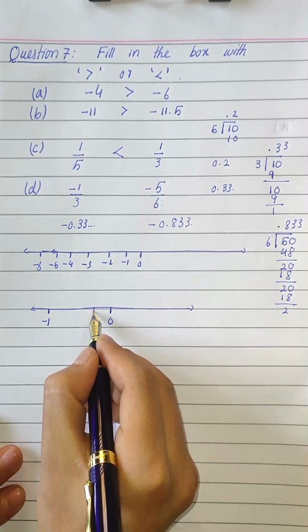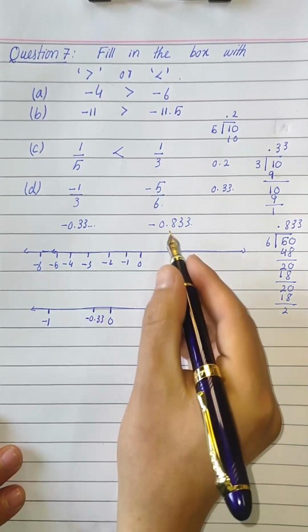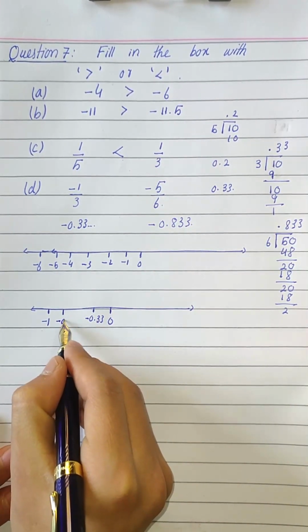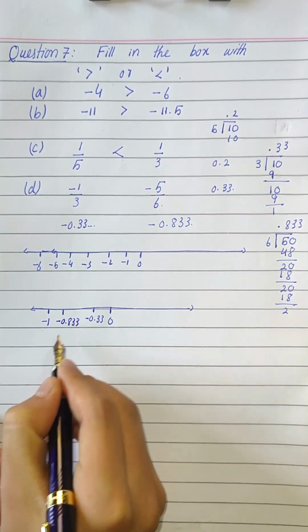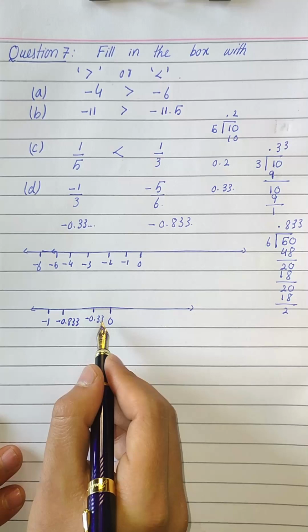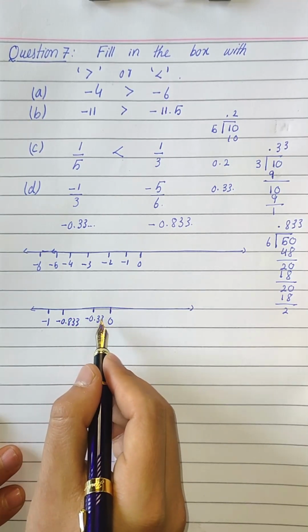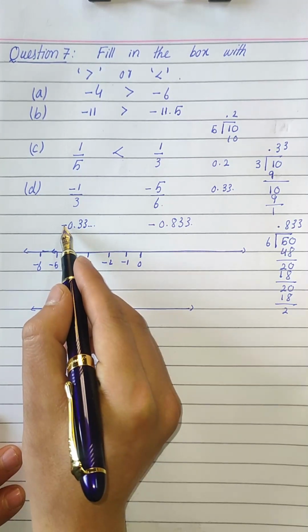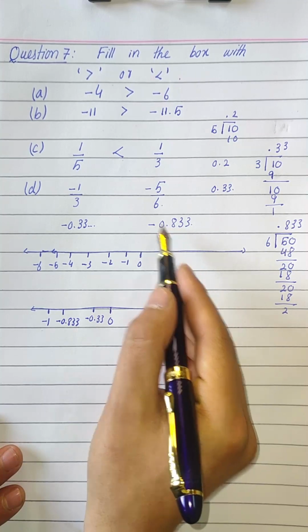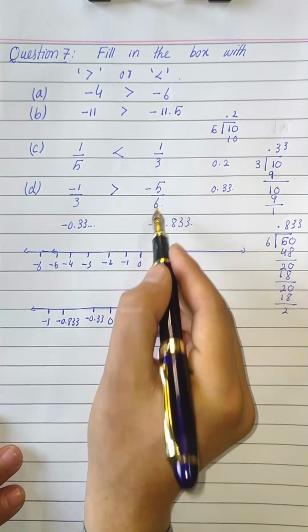Here this point will be -0.33, and then we have -0.8, so this point will be -0.833. So -0.833 is on the left hand side of -0.33. So this value is smaller than -0.33, and then we can say that -0.33 is greater than this value, as well as -1 over 3 is greater than -5 over 6.